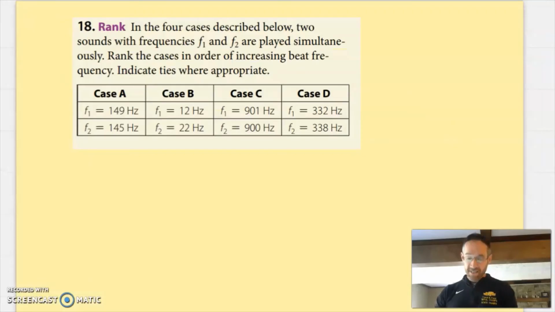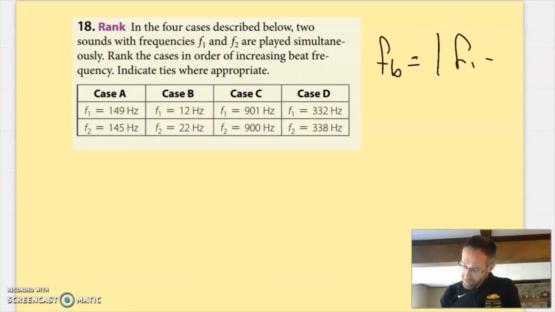Number 18 has 4 pairs of tuning forks, and they want us to rank them in terms of what beat frequency you will get whenever you play them together. We know that the beat frequency is just the absolute value of the difference between their two frequencies.